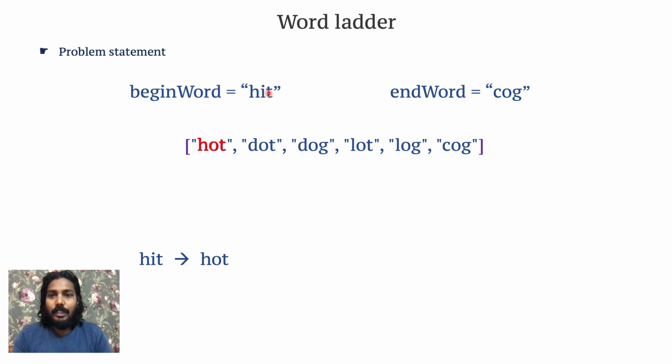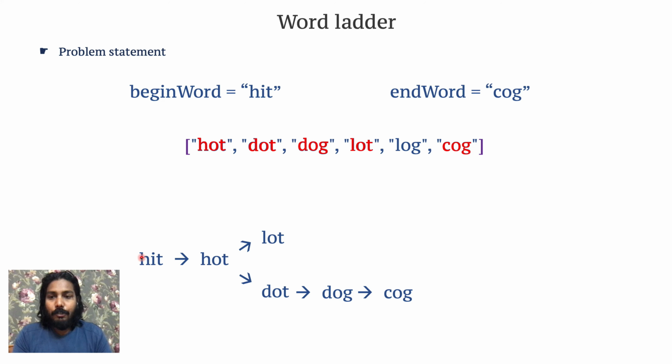So we change from hit to hot, and then from hot to either dot or lot, changing the H to L or D. If we select dot, we move ahead and pick the word dog, and then finally we reach our end word.